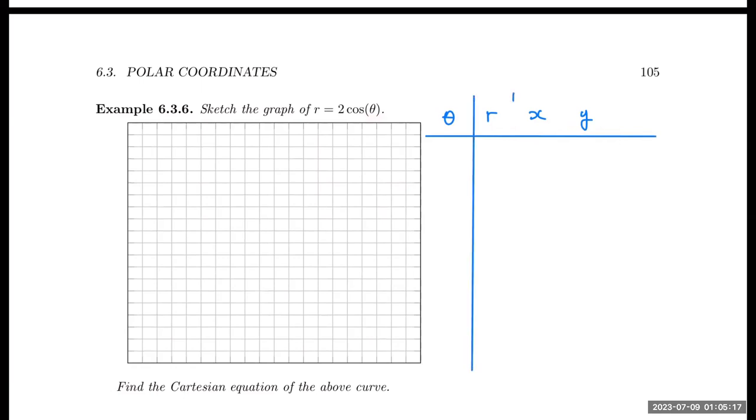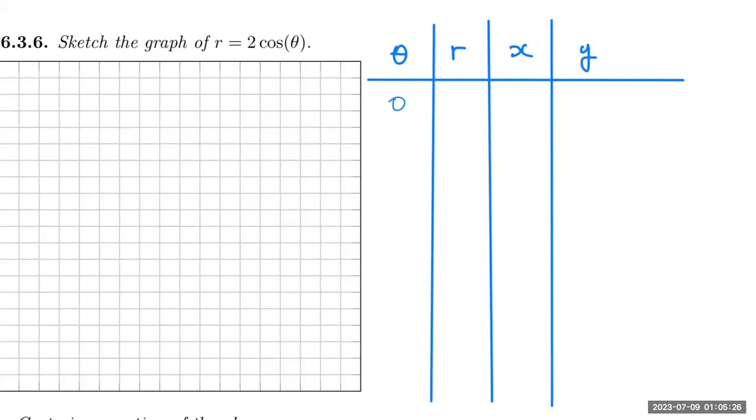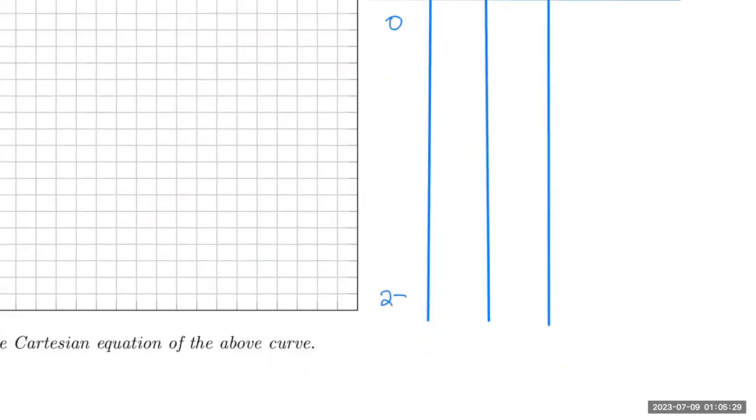And let us say we go from 0 to 2 pi. So on the table, we'll put down 0 until 2 pi: pi divided by 2, 3 pi divided by 2, pi over 4, 3 pi divided by 4, 5 pi divided by 4, and 7 pi divided by 4.